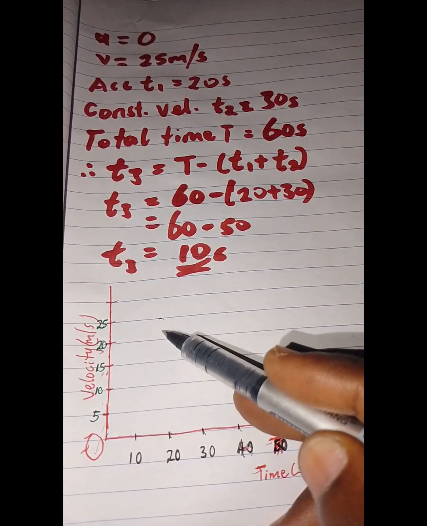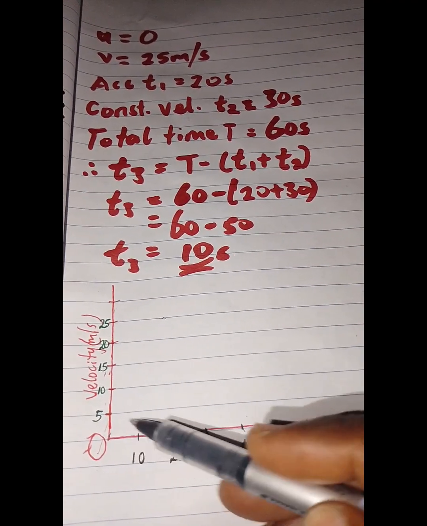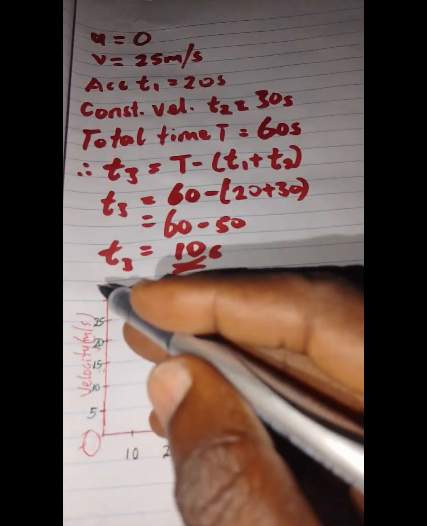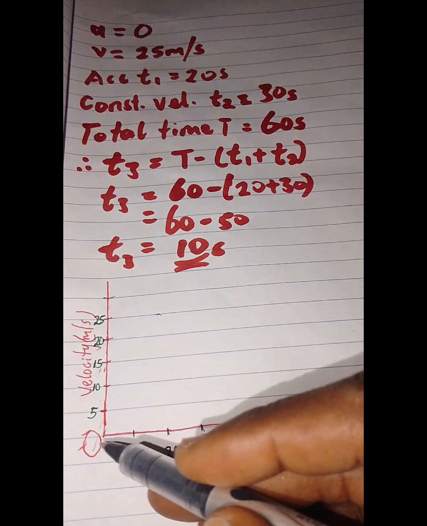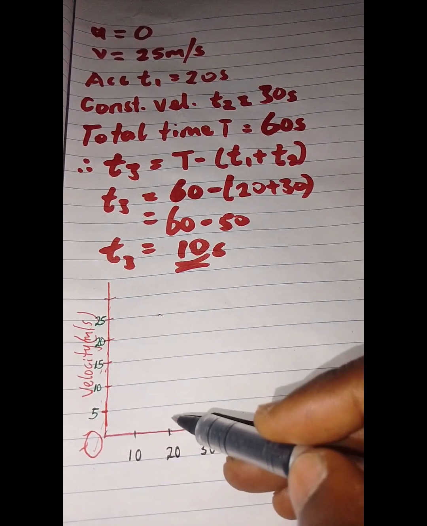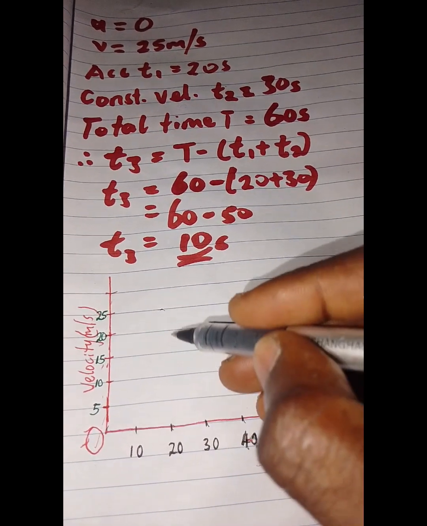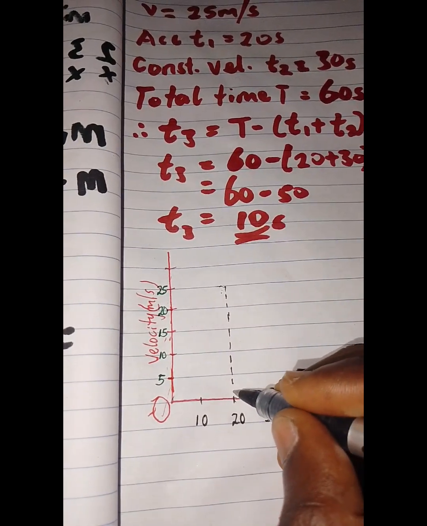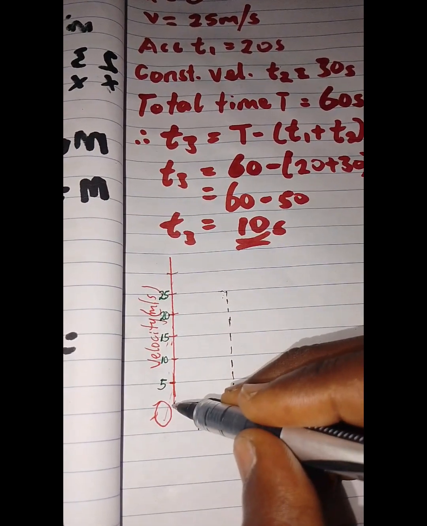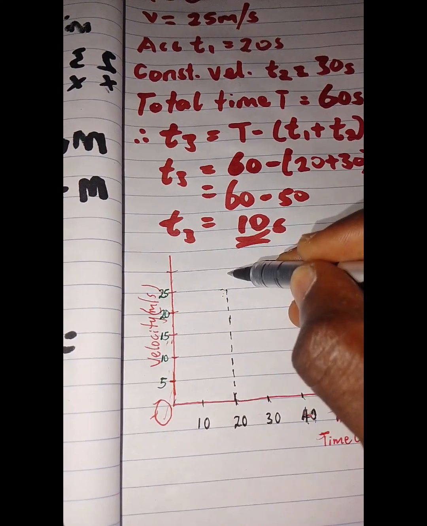So the meeting point should be 25 meters per second. Then for 20 seconds, trace 20 seconds upward here. From 0 it accelerates to this point. So this is the first time.